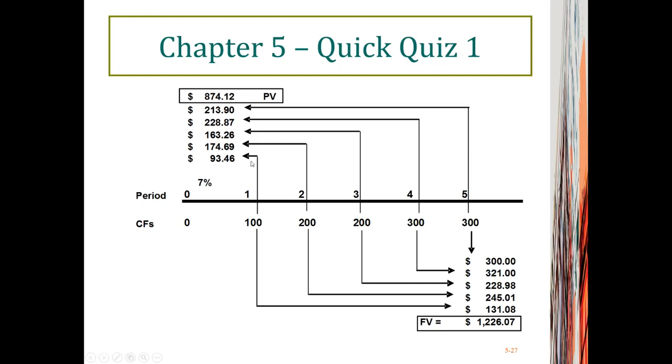For discounting, it is once, twice, 3 times, 4 times, 5 times. But when you do compounding, that is 4 times for the first one, 3 times for the second one, 2 times for the third one, once for the fourth one, and you do not compound for the fifth one. Any questions?